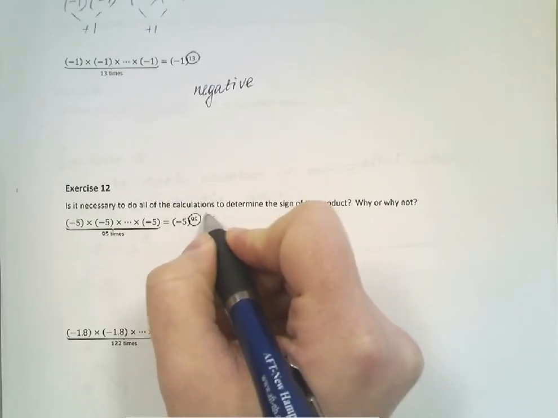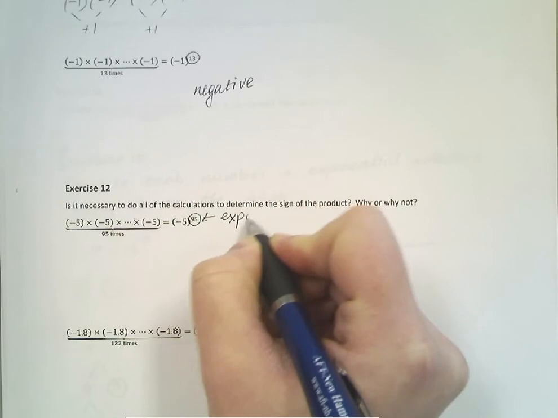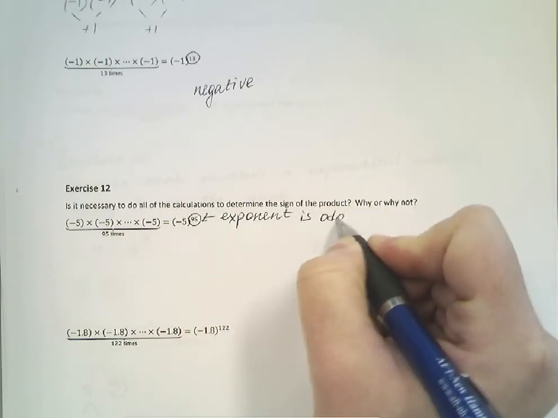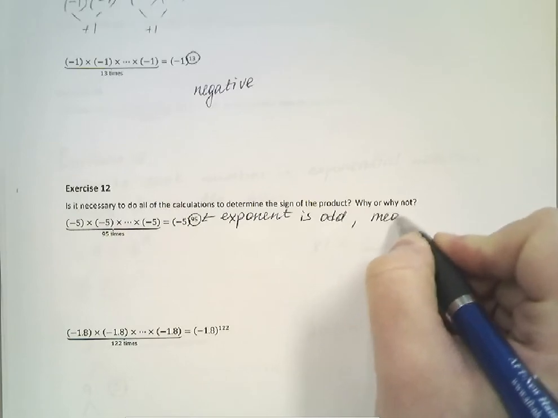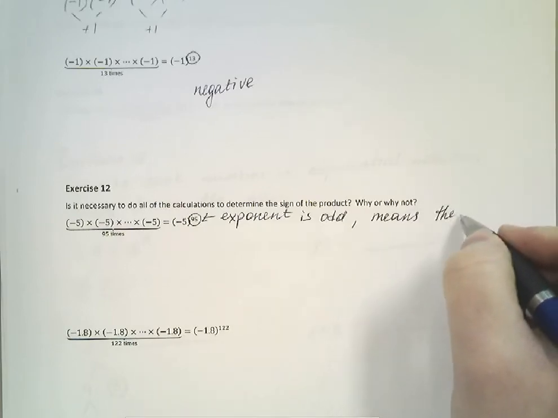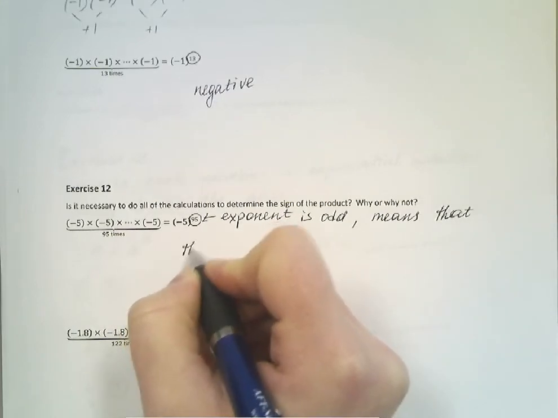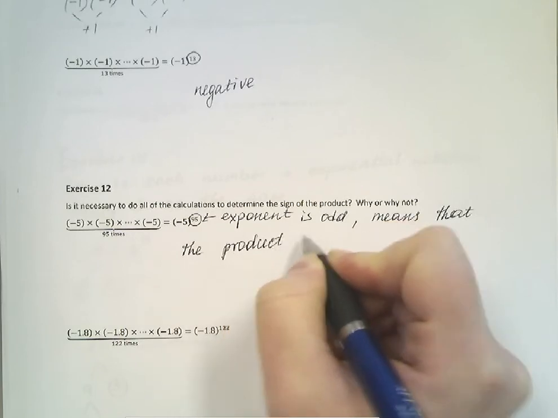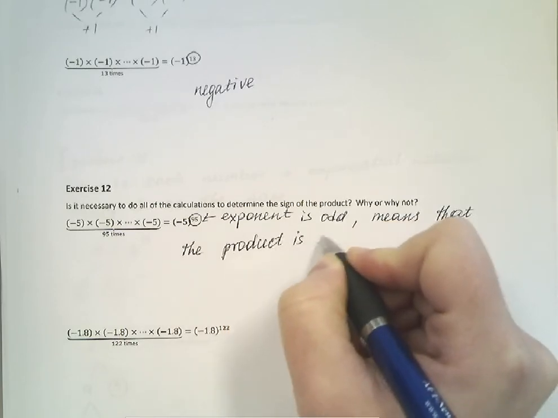So in this case, the exponent is odd, which means that the product is going to be negative.